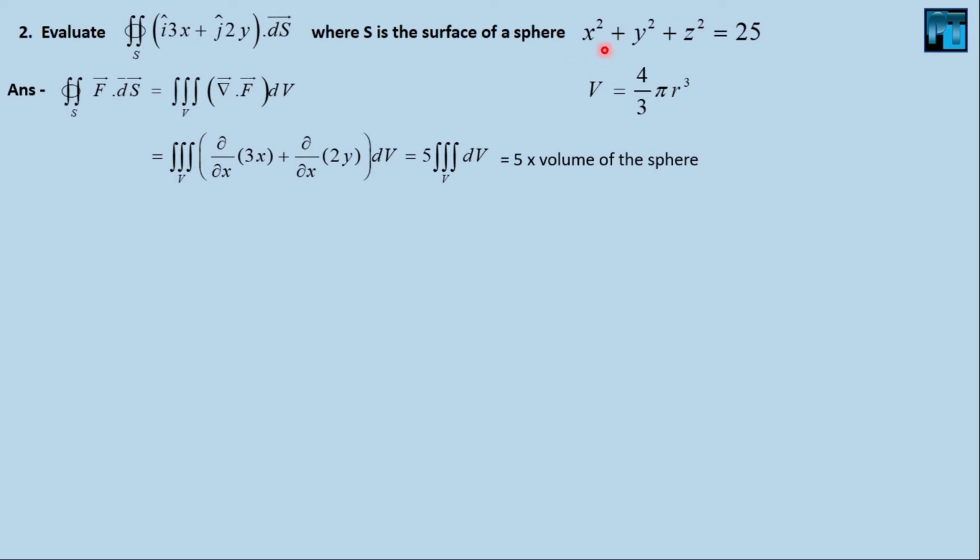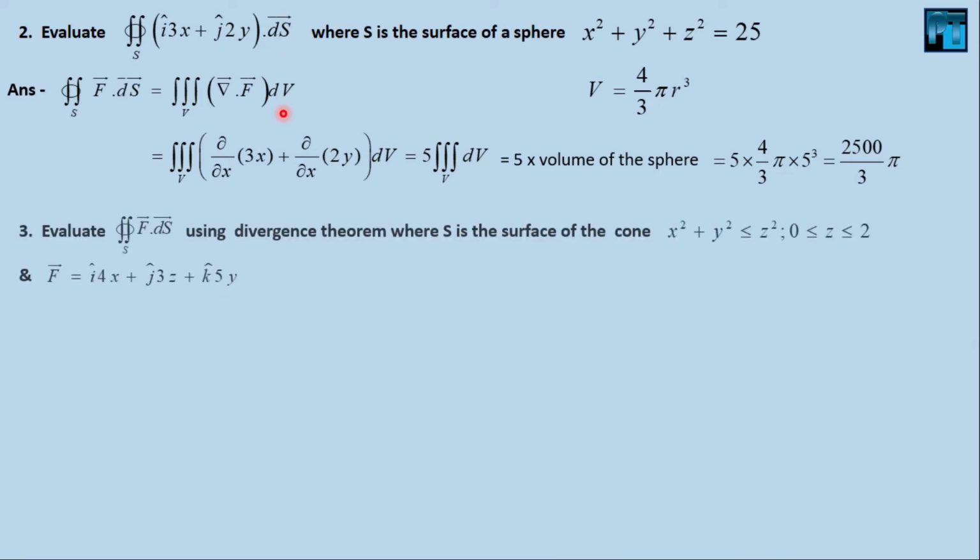So this becomes x square plus y square plus z square equal to 5 square. So 5 is the radius. So this becomes 4/3 pi 5 cube. This is the volume of this sphere. Let's put that and we have the answer 2500 by 3 pi. See, the most easy method of converting a complex surface integral into an easy volume integral.